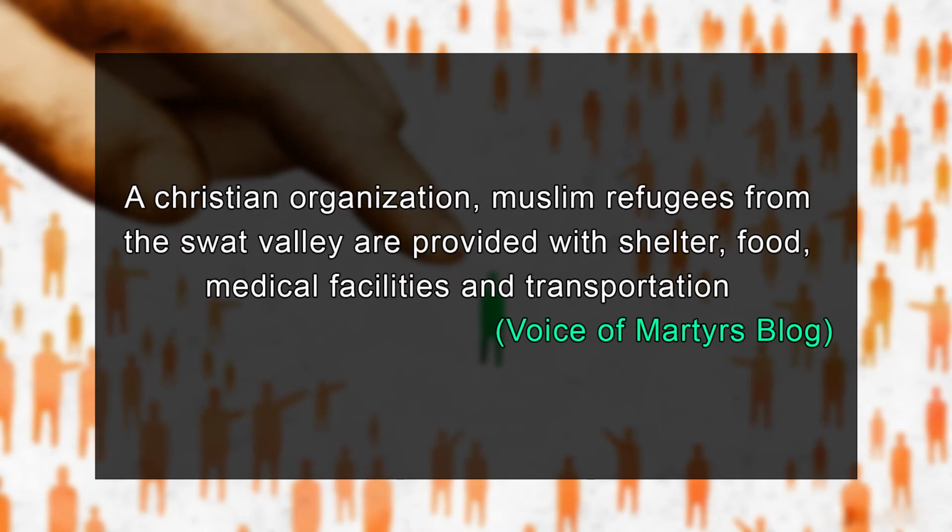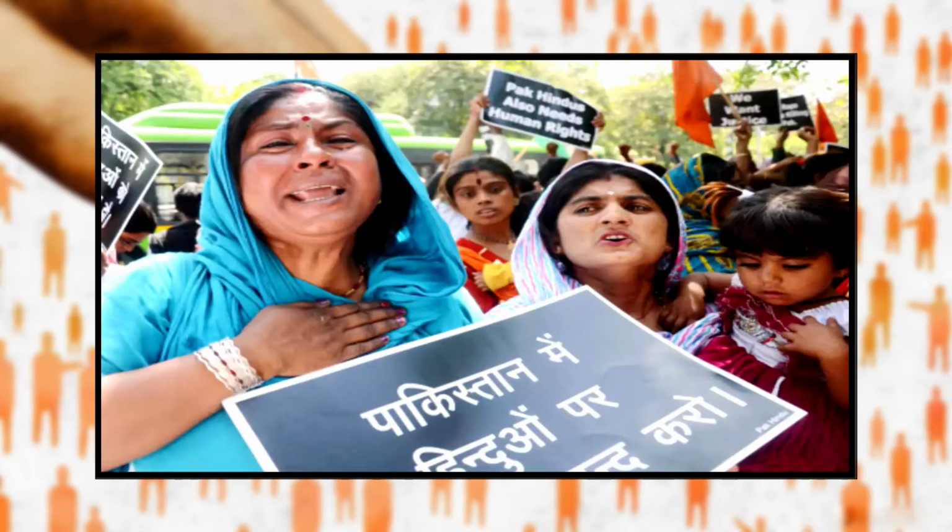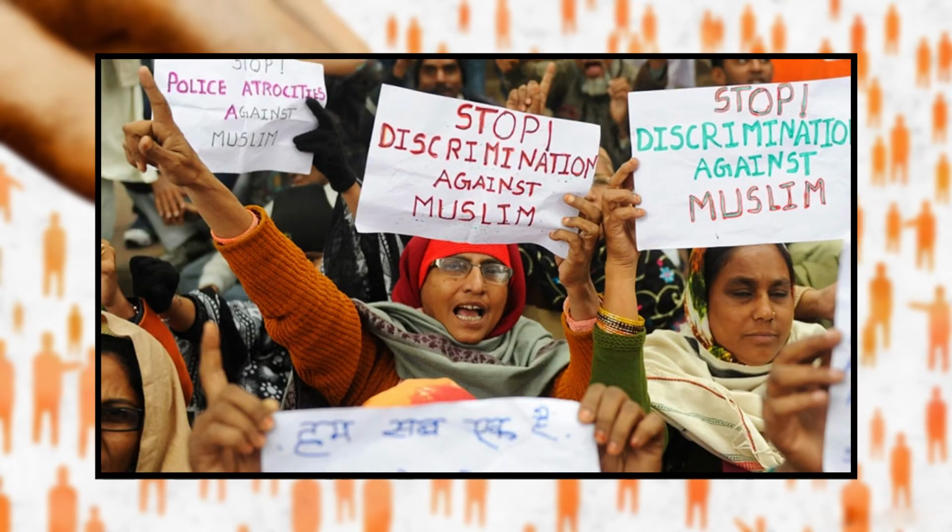According to Voice of Martyrs blog, a Christian organization, Muslim refugees from Swat Valley are provided with shelter, food, medical facilities and transportation. On the other hand, Christian refugees are not provided with sufficient facilities. Finally, Hindus in Pakistan have been suffering for AIDS as Muslims suffered in India.